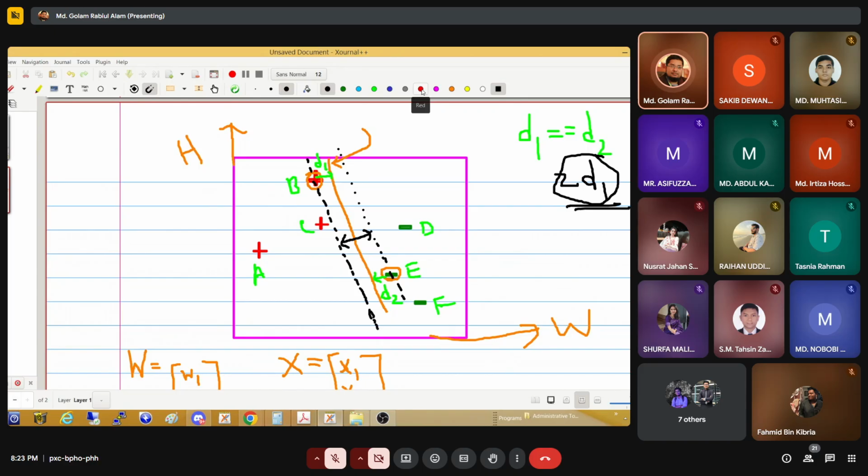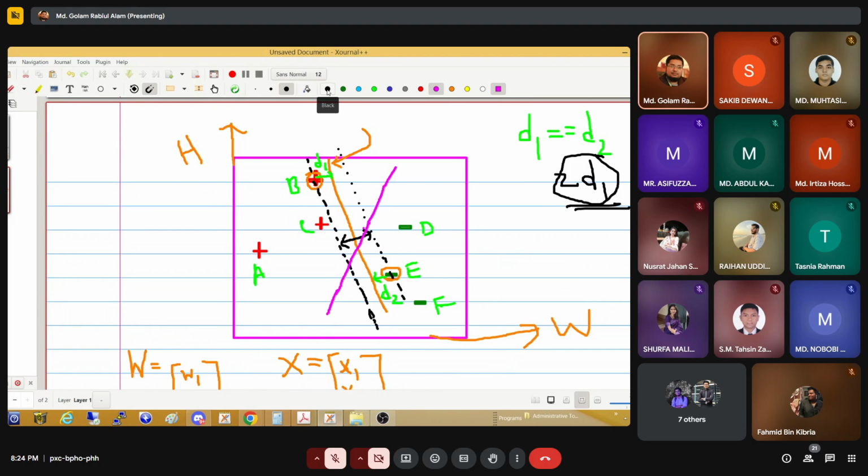For that case, maybe we can consider a hyperplane like this. If we consider a hyperplane like this, what will be the support vectors?